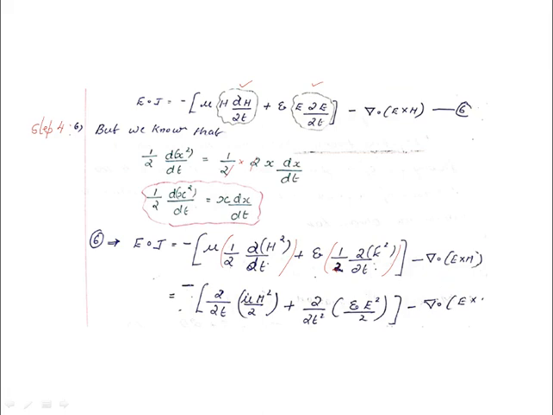So we just took the half inside, and the minus outside. So this is E dot J. E dot J equal to minus, take it outside itself, dou by dou T, 2 put it inside. So 1 by 2 mu H square you have.